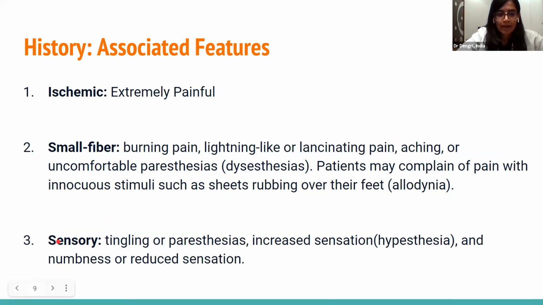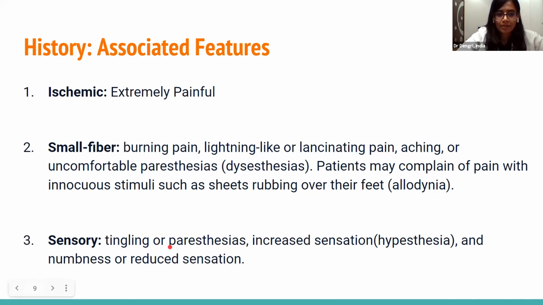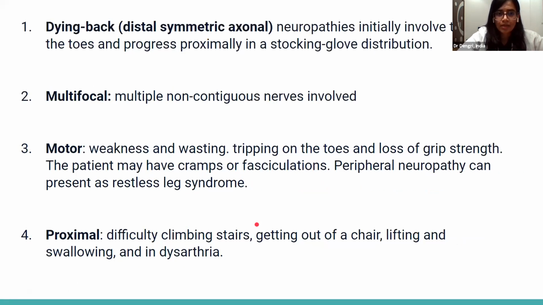If it is sensory, so then we have sensory and motor. If it is sensory, then the patient will have tingling, paresthesia, hypoesthesia, and there will be reduced sensation and numbness. If it is dying back or distal, then the patient will have a glove and stocking distribution. If it is multifocal, then multiple nerves will be involved in non-contiguous areas.